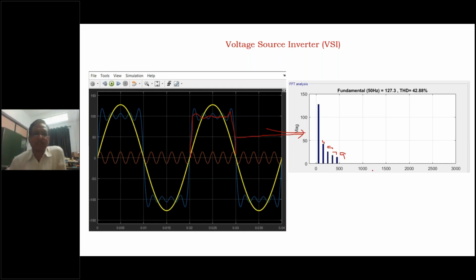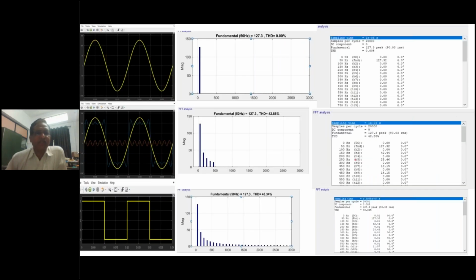I added only four harmonics, and the sine wave is now approaching a square wave. If I add n number of harmonics, up to infinity, this waveform will convert into a square waveform.